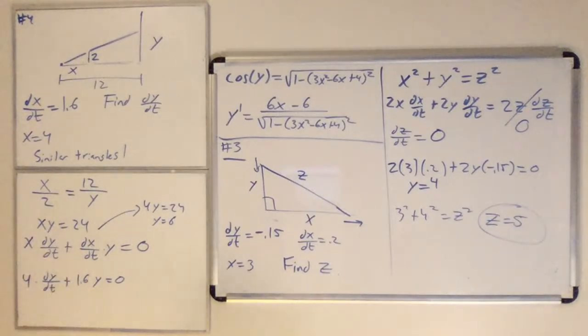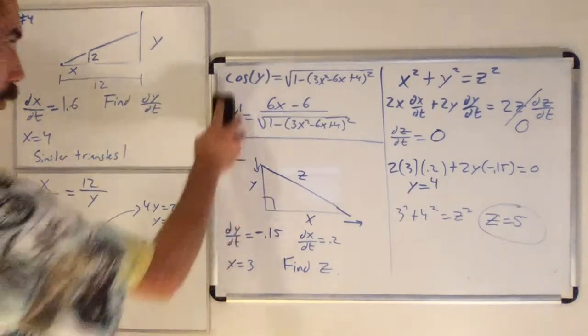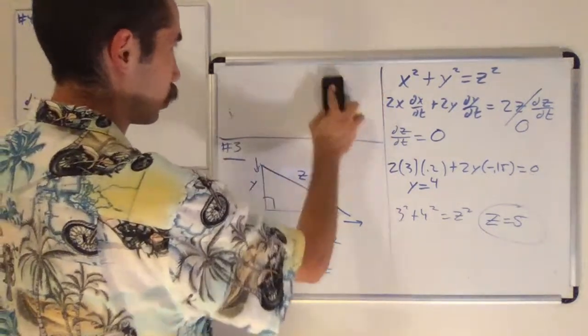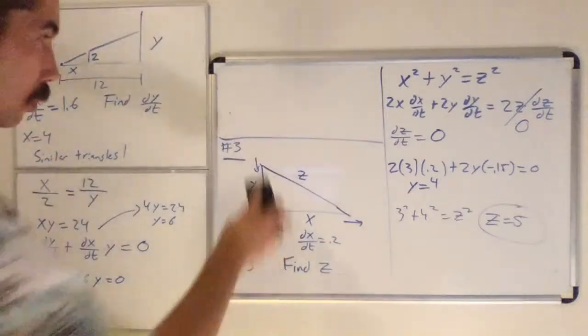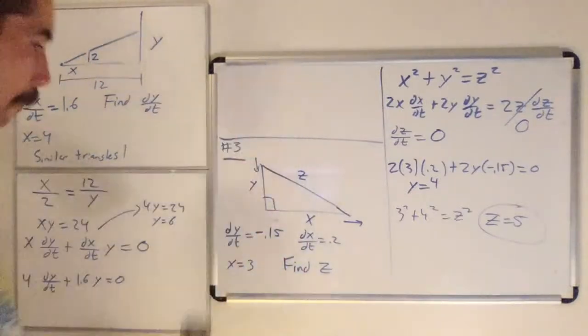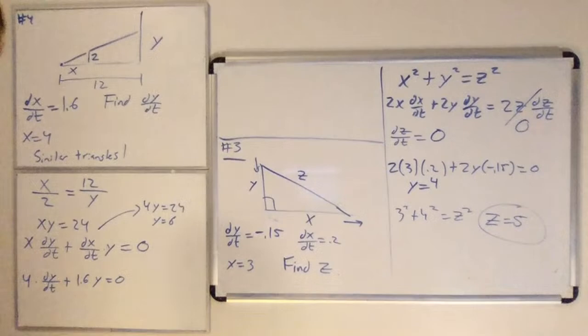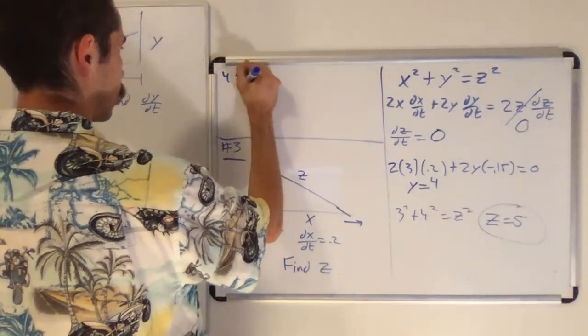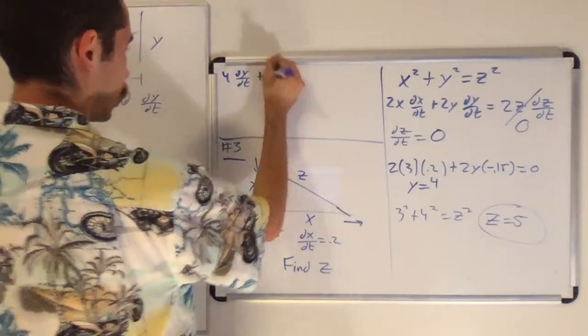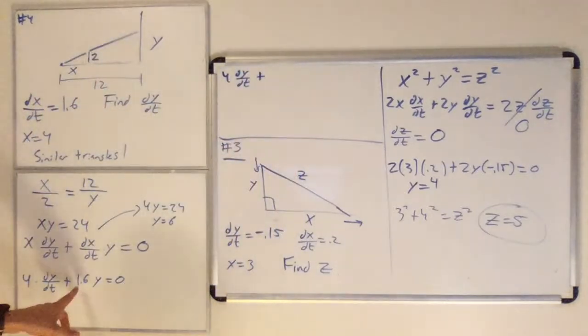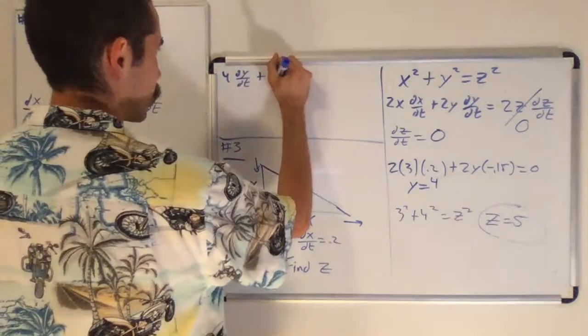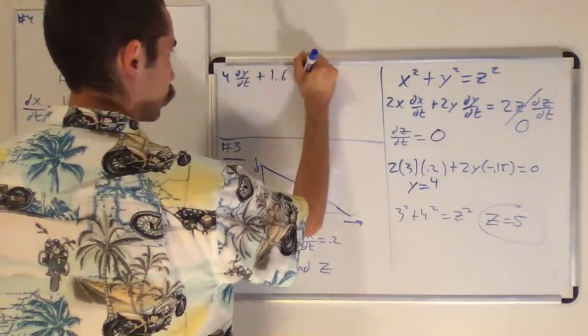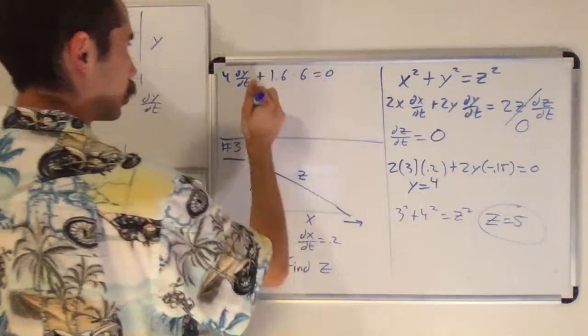All right, so now let's just plug everything in. So 4 dy/dt plus 1.6 times 6 is equal to 0.